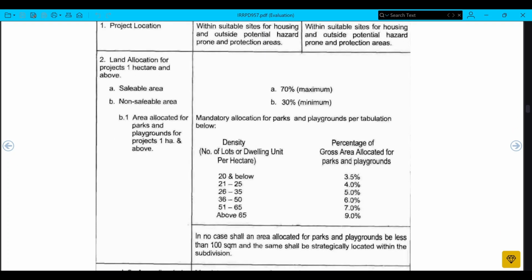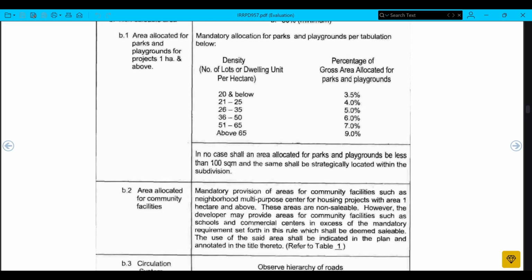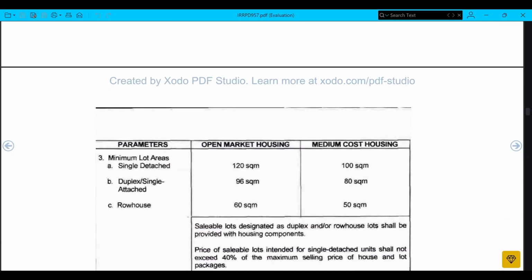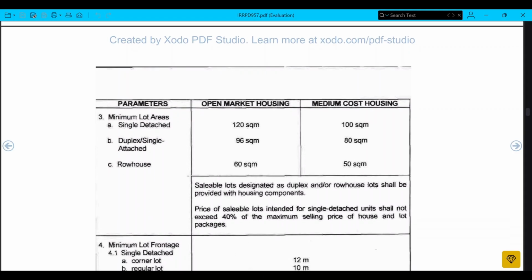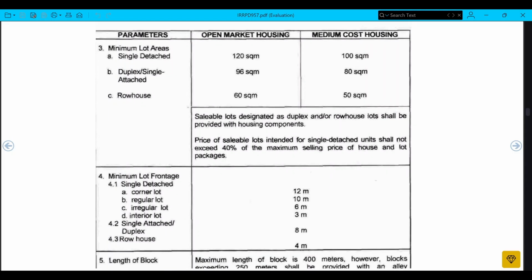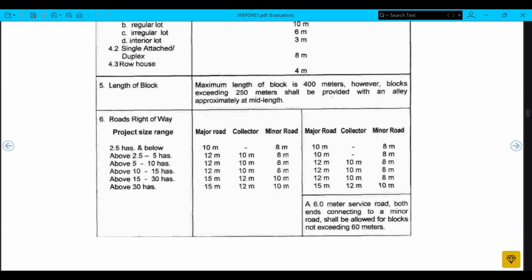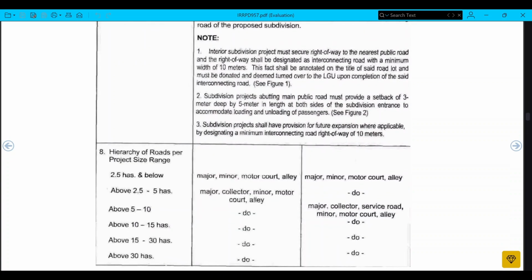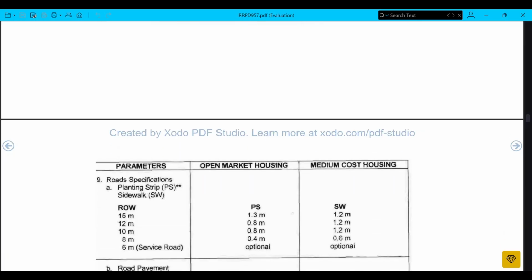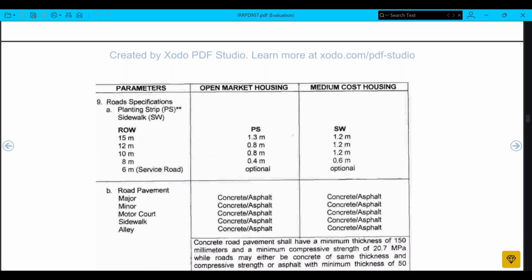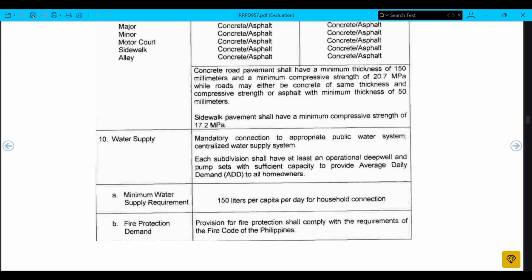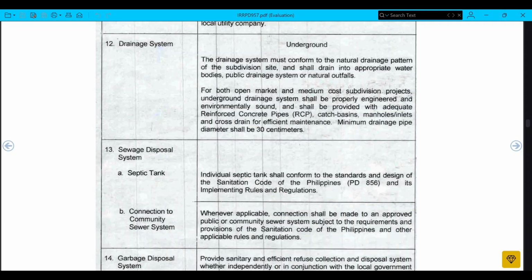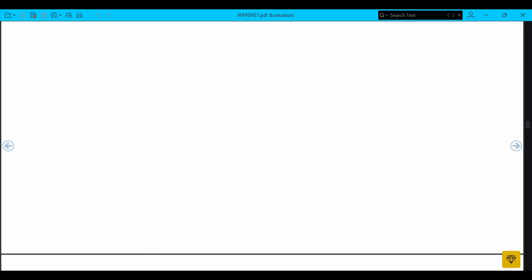And then it explains the allocation for parks and playground, allocation for community facilities, the circulation system observing the hierarchy of roads, and the minimum lot areas for the properties that will be for sale, minimum lot frontage, the length of blocks, roads right of way, motor court alley, hierarchy of roads per project size range, road specification, the planting strip, the sidewalk, the water supply requirement, the electrical power supply, the drainage system, the sewage disposal system, the garbage disposal system.